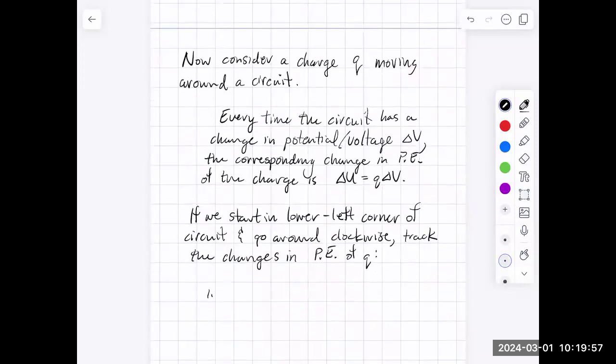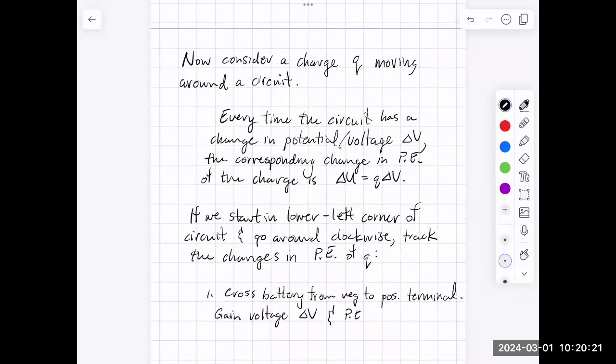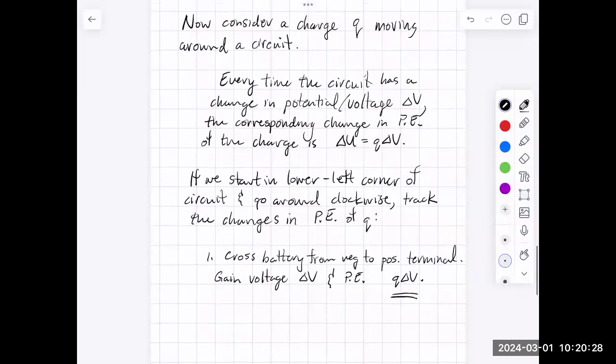The first thing that will happen is we cross the battery from the negative to positive terminal. And so we gain voltage delta V of the battery and potential energy of Q times delta V. Okay, so that's one change in potential energy.